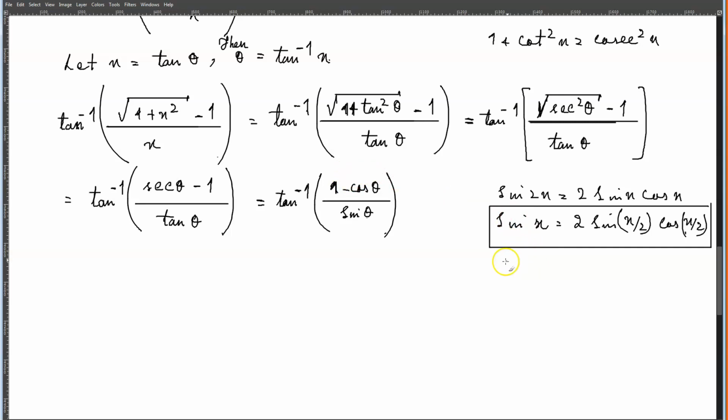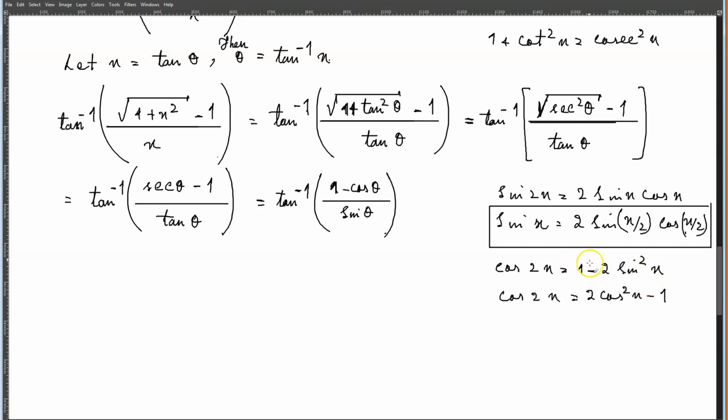You see over here what we have is that cos of 2x is equal to 1 minus 2 times sine squared x. Also cos of 2x is equal to 2 times cos squared x minus 1. Okay.